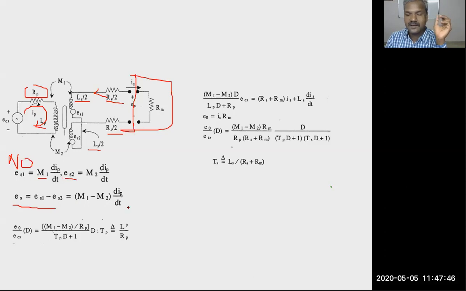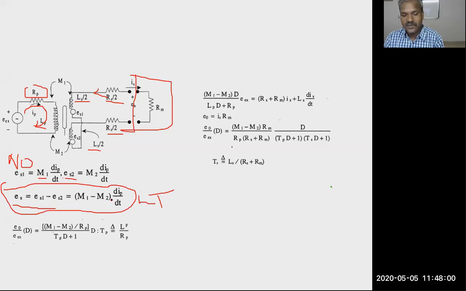To get a transfer function model when the LVDT is open circuited, under no load condition, you apply the Laplace transform to this circuit and get the ratio between output and input. So what is IP? From this circuit, you apply Kirchhoff's voltage law.